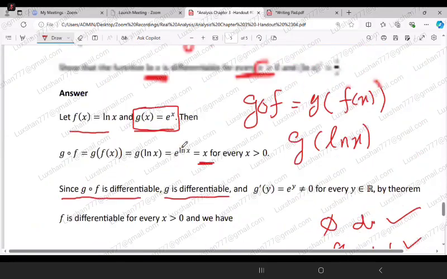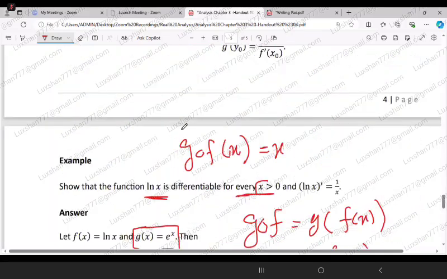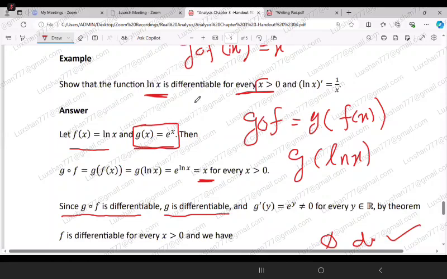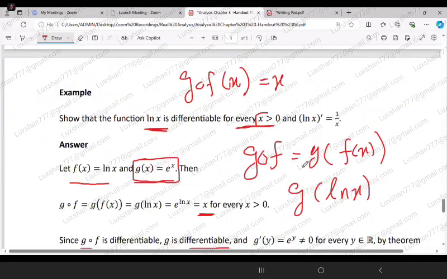Okay. So this time we are using the composition rule, and no proof is necessary. Proof is not necessary, but we may ask you to state this composition rule in the examination. You may get a question like this.